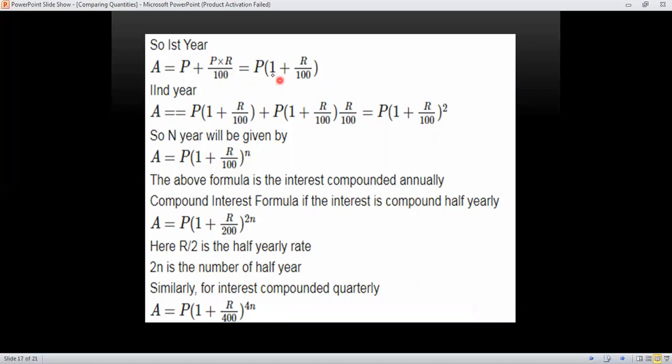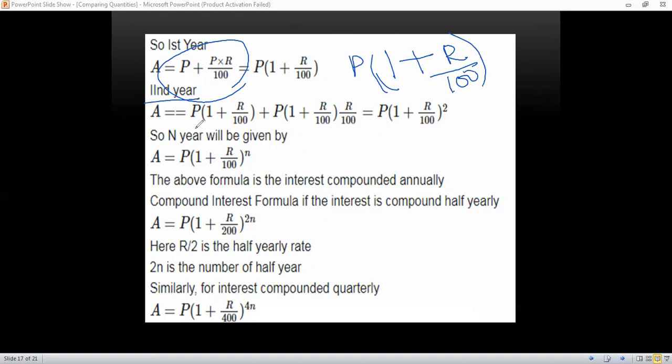So what we can do, we will take P common from this value, and we can write 1 plus R upon 100. So for second year also we will apply same simple interest, and for 2 years we will get this result.